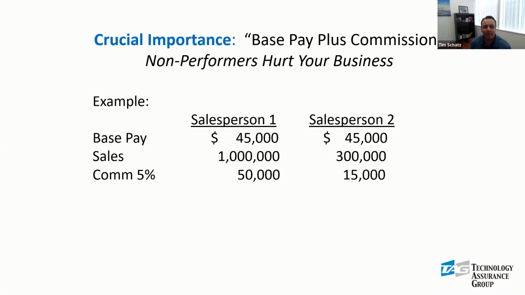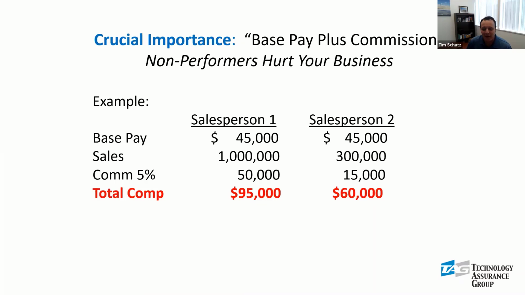I'm going to make my much less compensation of 15,000, 5% of my sales. And then we have total compensation here of $95,000 versus 60, which kind of makes sense. They sold more, so they should certainly be making more money than me because I'm not selling that much.